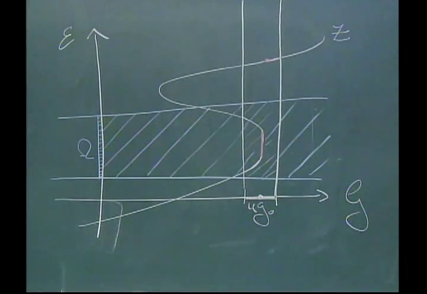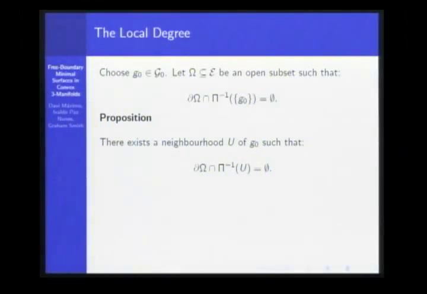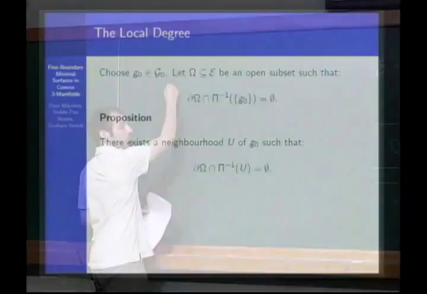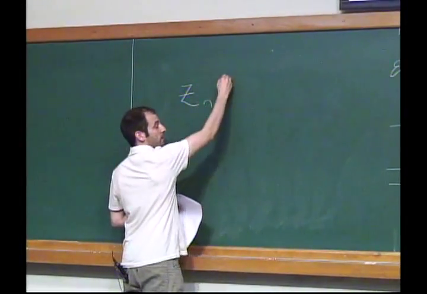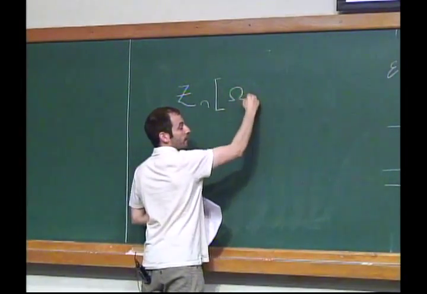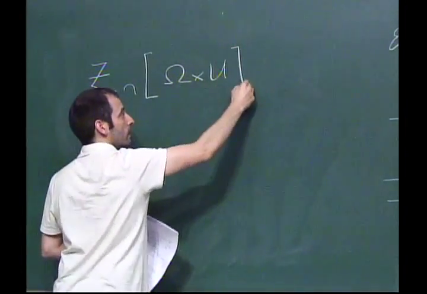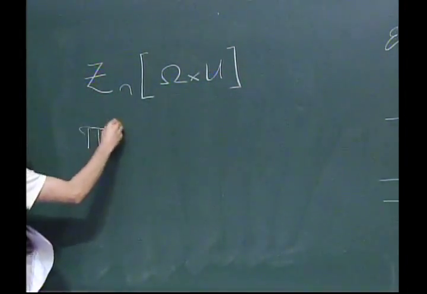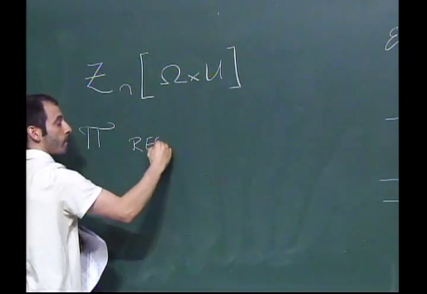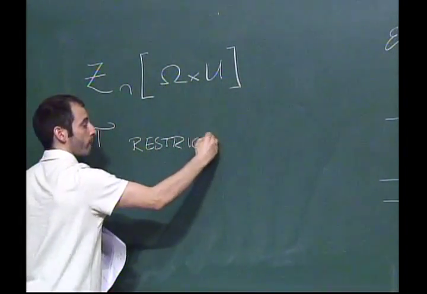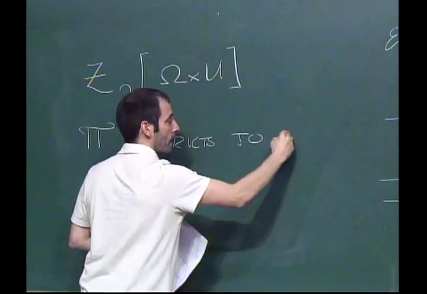Now, so that's the proposition. What does that mean? That means, in fact, if you just restrict attention then to the intersection of Z with omega times U, then in fact the restriction of pi is again a proper map.